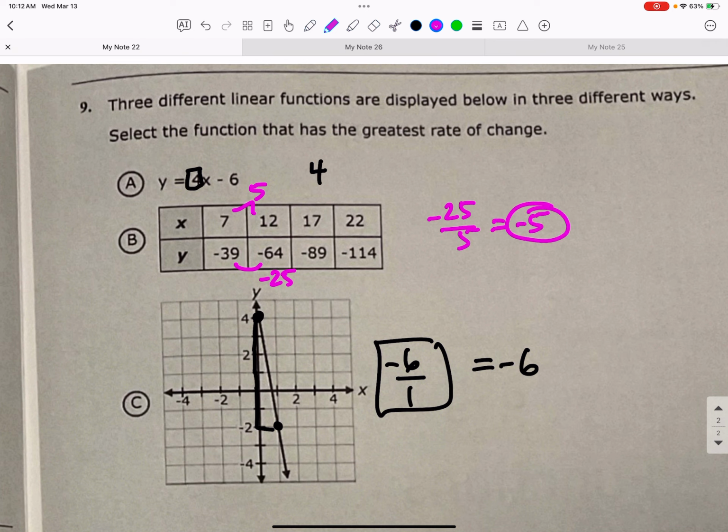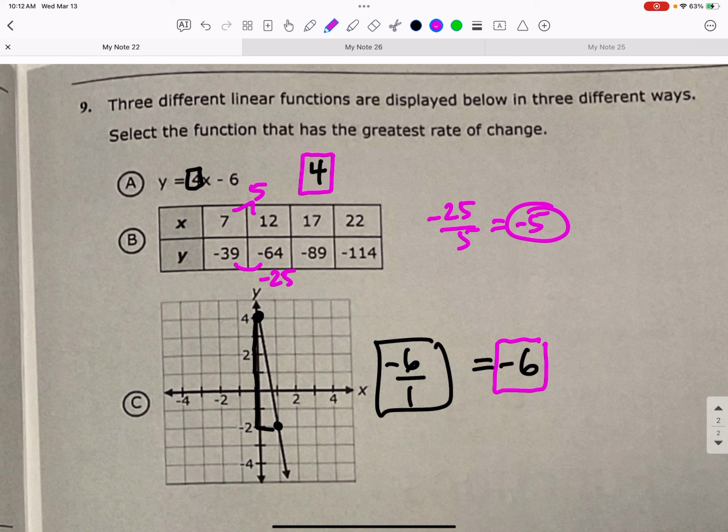Okay, I have to look up the actual answer for this one. I'm not sure. This one has the biggest slope, but this one is actually changing the most, even though it's going down very fast. So, greatest rate of change.